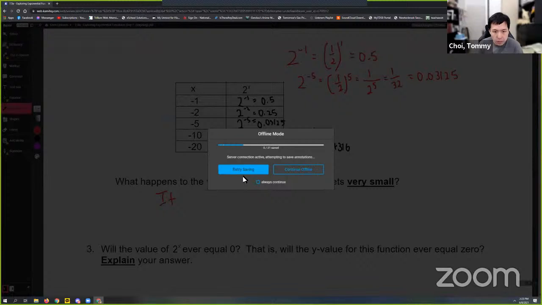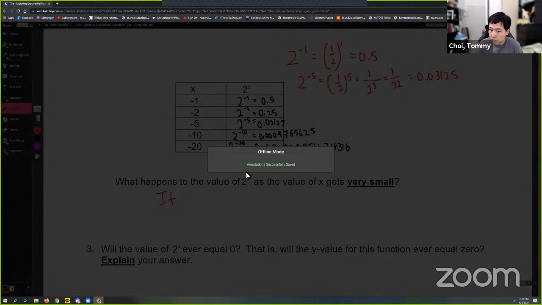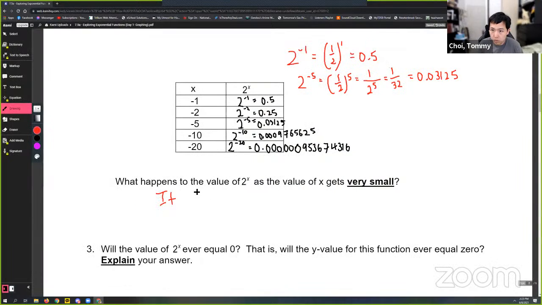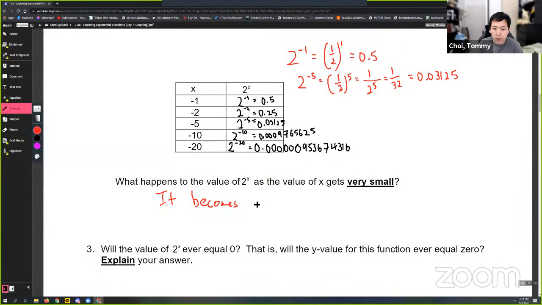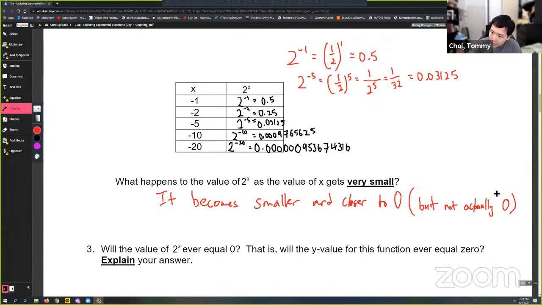It becomes smaller and closer to 0, but not actually 0. So as we go into the negative x's, we notice that it becomes smaller and smaller and closer to 0, but it never hits 0.